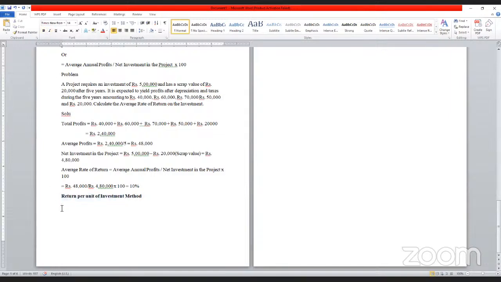Under this, the formula is total profits after depreciation and taxes divided by net investment in the project into 100.